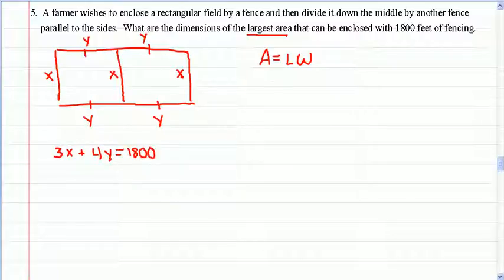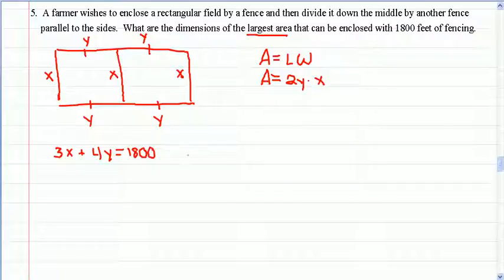So in terms of x and y, the length is 2y and the width is x. So area equals 2 times y times x.